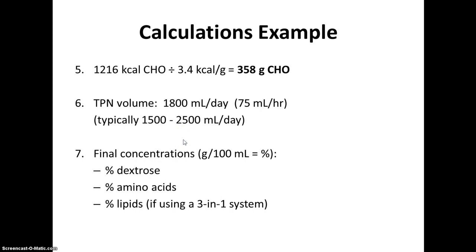So again, we want to write our prescription in final concentrations, or gram per 100 milliliters, or percentage. So we need a percent dextrose, percent amino acids, and a percent lipids if you're using a 3-in-1 system or total nutrient admixture. In this case, our lipids are a separate piggyback infusion, so that won't actually be part of our prescription.